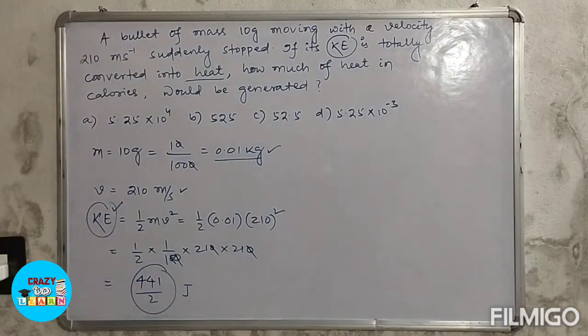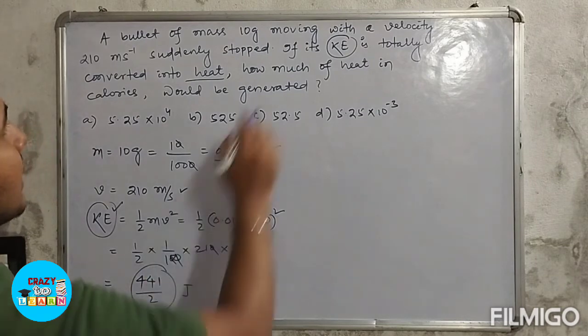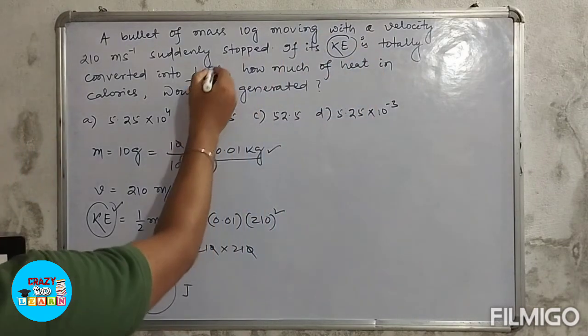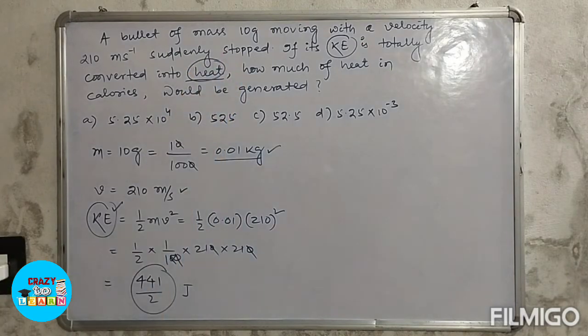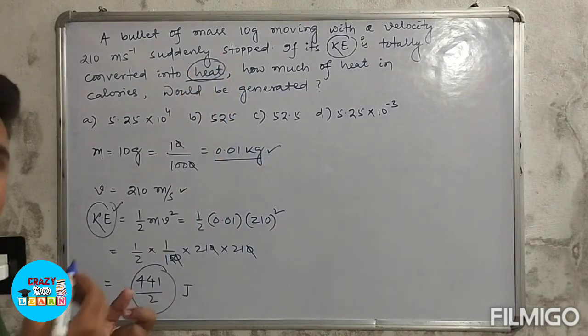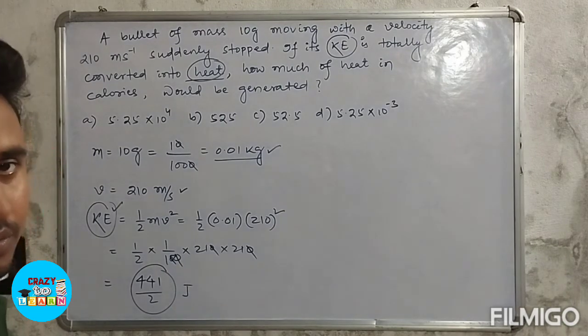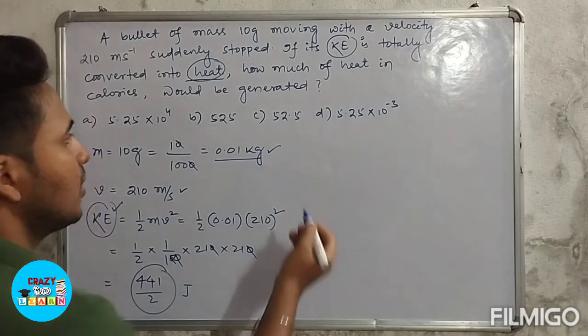But in the question it is given to you that this kinetic energy is totally converted to heat. So when the kinetic energy or work is converted to heat, what is the relation?